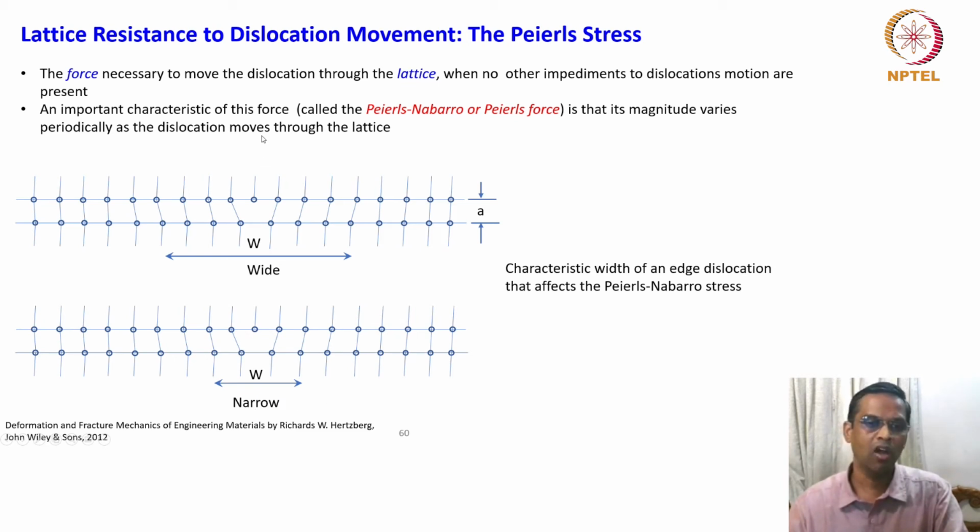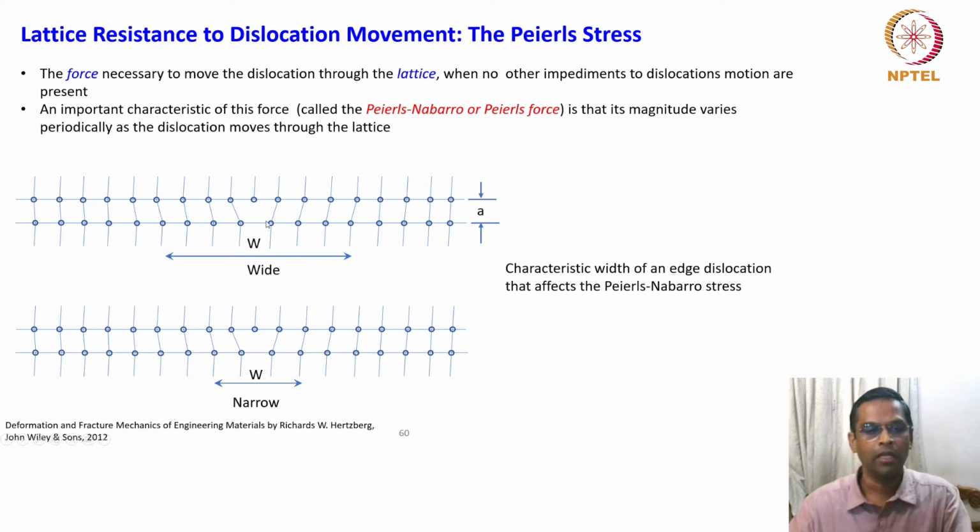So the extra half plane is inserted here, and because of that, there is a disturbance in the interatomic spacing in the neighborhood. Okay. So if you look at this, this bond is straight, this is straight, this is straight. It started going in an inclined fashion, inclined, inclined, inclined.